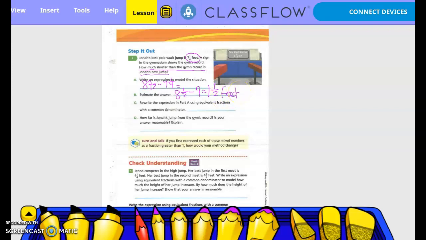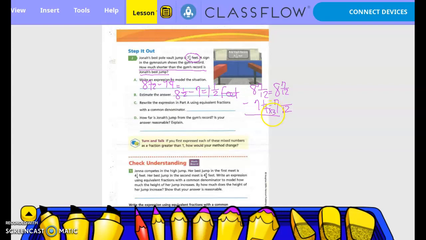Rewrite the expression in part A using equivalent fractions with a common denominator. Let's work it out over here. 8 7/12 minus 7 1/4. What is going to be our common denominator? 12. So we can just rewrite 7/12, and then 7, and then something over 12. How do I get from 4 to 12?